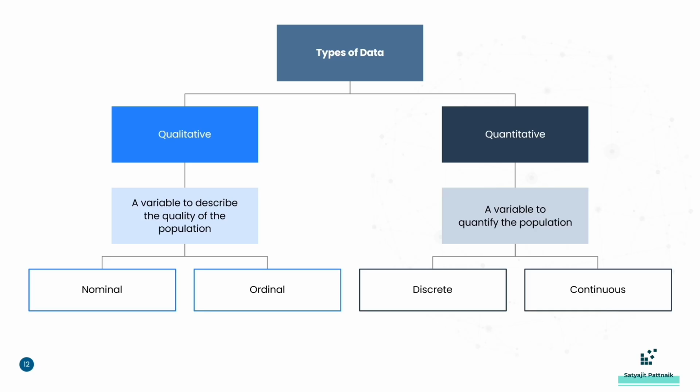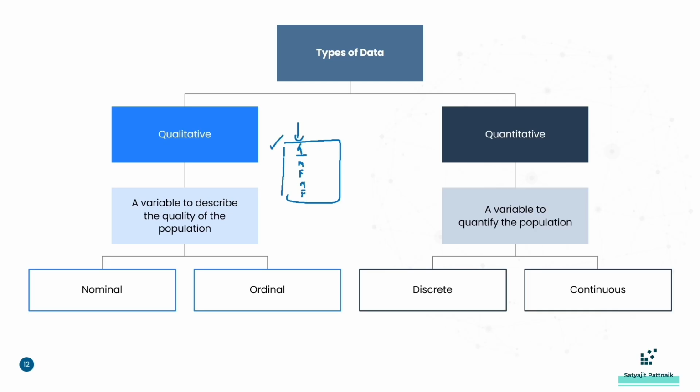Data is majorly of two types, qualitative and quantitative. In layman's terms, categorical and numerical. So qualitative data is basically nothing but your categorical data. For example, you have data in which one of the columns is gender: male, female, something like that.